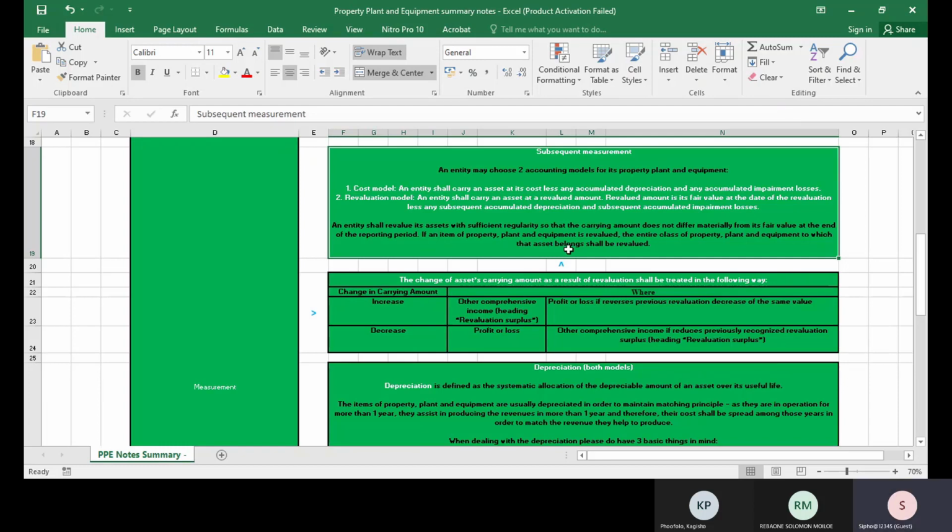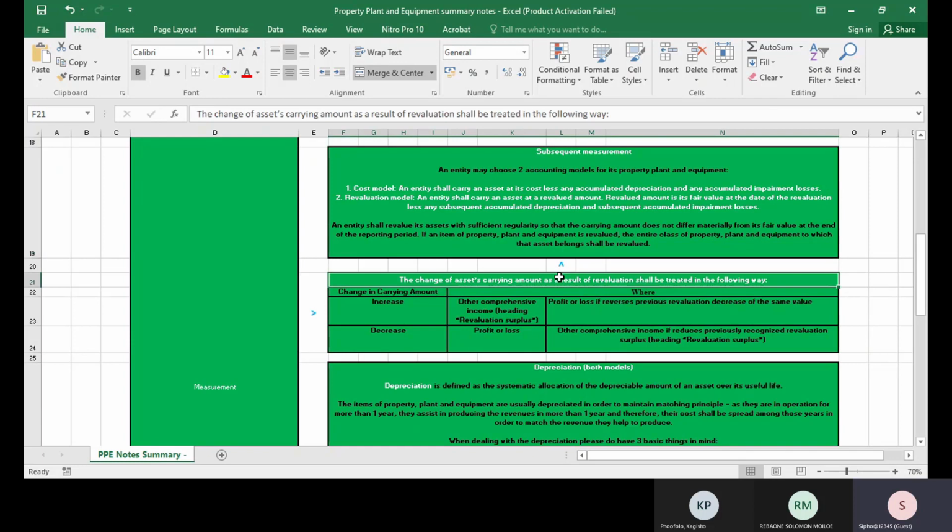So they are basically saying the carrying amount shouldn't be much different from its fair value. That's what they are trying to explain to you.